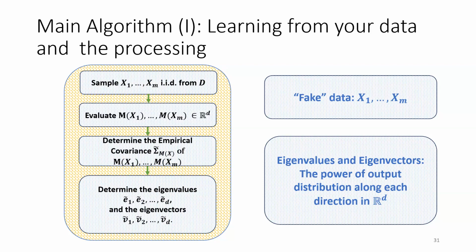The eigenvalue means how much power your output distribution has along that direction. A larger eigenvalue suggests the variance along that direction is larger.